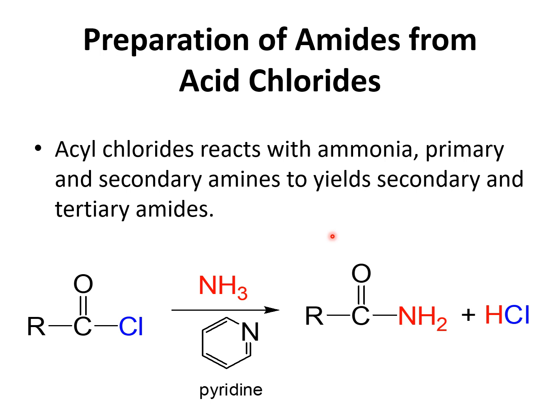You just need to understand that if you have acid chloride react with ammonia or any amine, you will lead to amide. So in this case, we have acid chloride, ammonia in pyridine, and then you will have amide, and then the byproduct. The byproduct will be one hydrogen from the ammonia and Cl from the leaving group of the acid chloride.